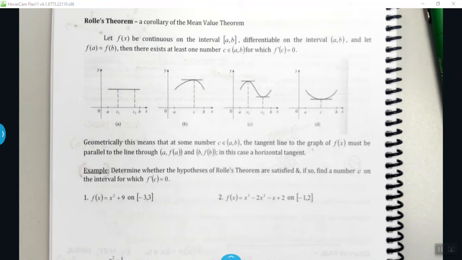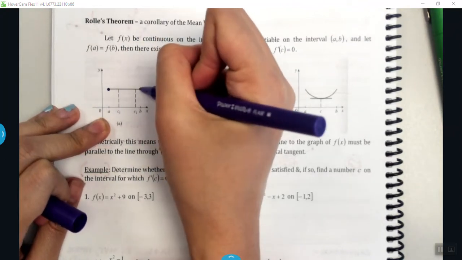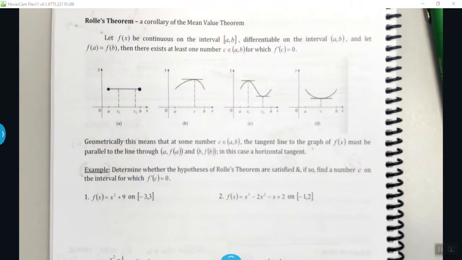So Rolle's Theorem says that if your point at A and your point at B are the same, then your derivative will equal 0 at some point on the interval.